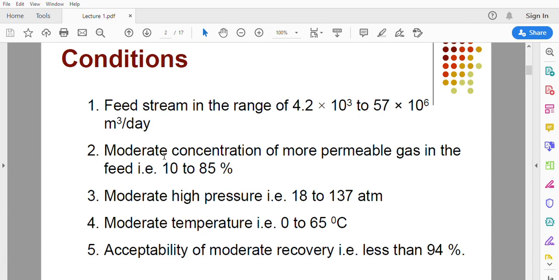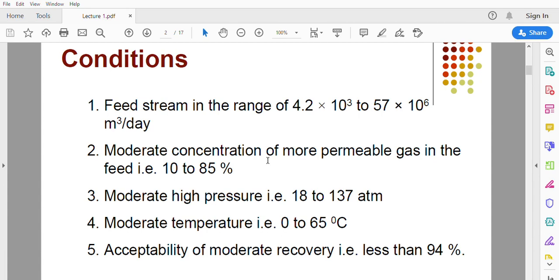Second is moderate concentration of the more permeable gas in the feed. The concentration of the more permeable gas should be in the range of 10 to 85%. So we cannot use this process to separate a minute amount of gas present in the system. Suppose you want to separate a gas present only at 1% or 0.5%, that is not possible by this process.